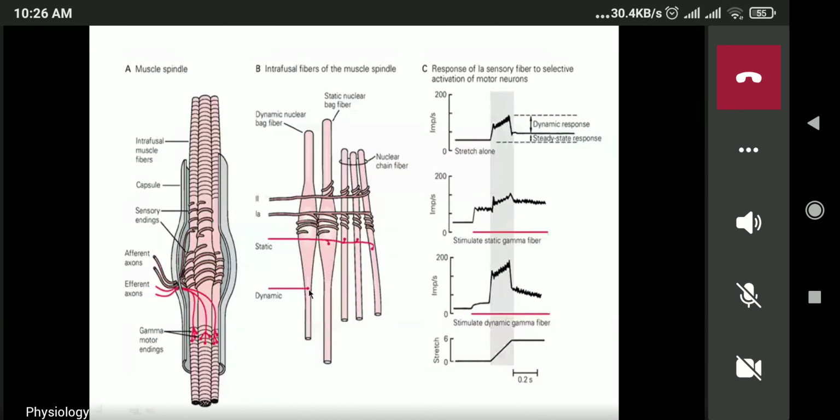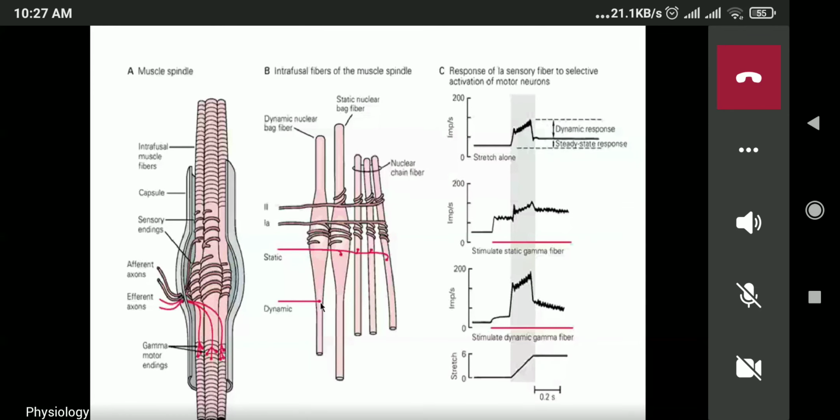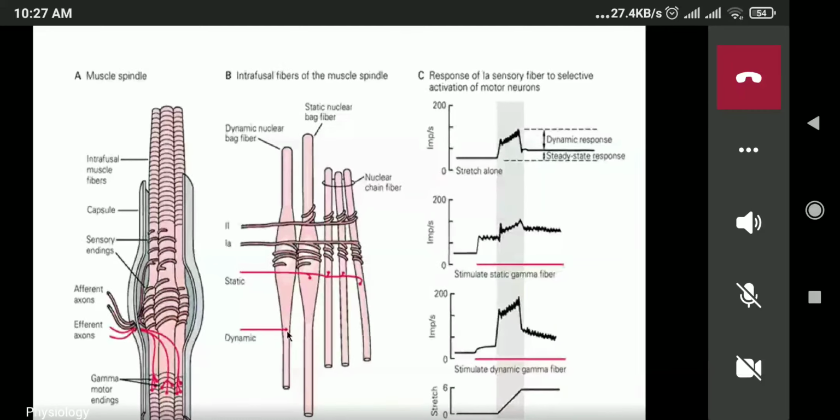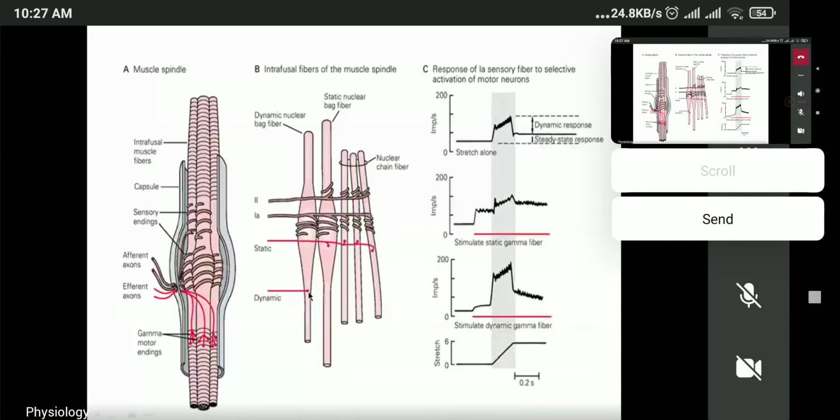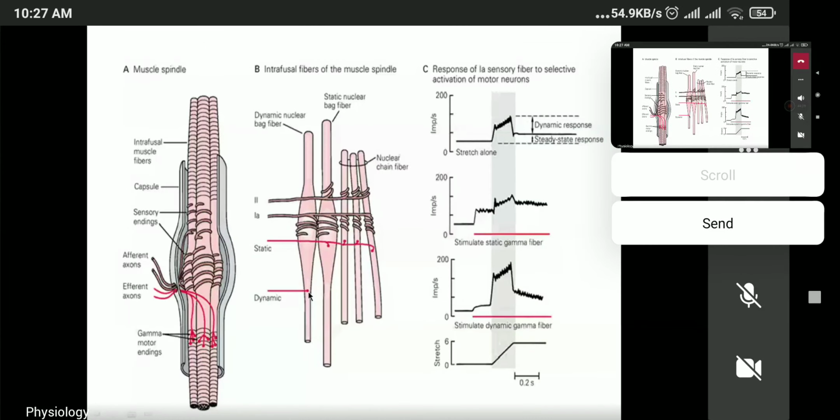You must remember this figure, that's all. Is it clear to you all? Yes, sir. Should I repeat? No, sir. Are you sure? Yes, sir. Okay.